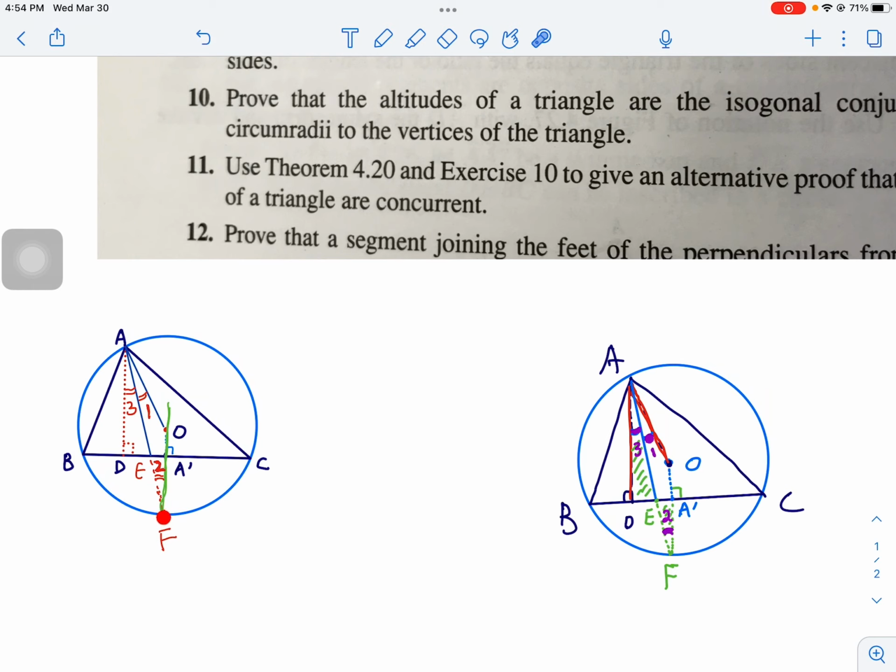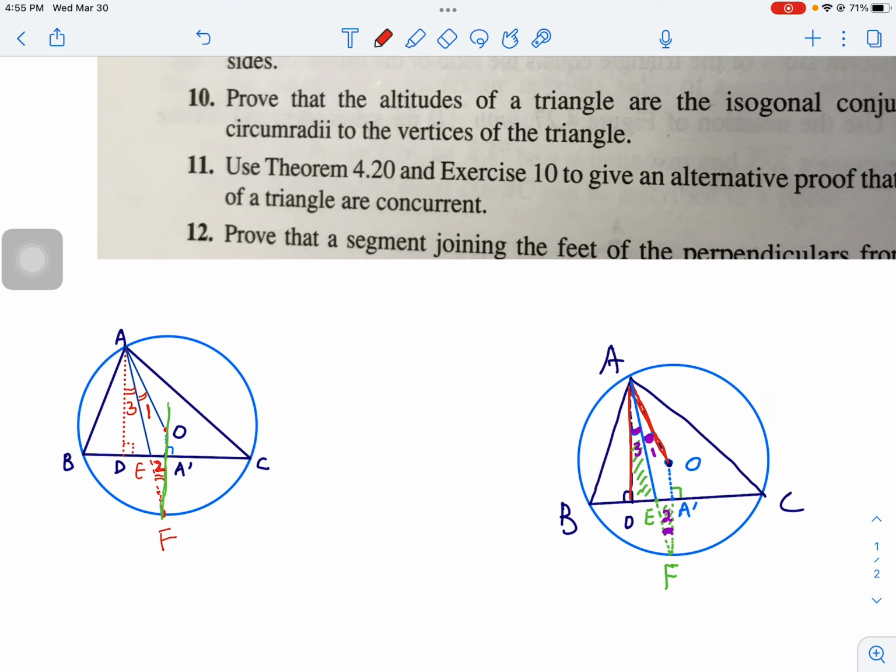How can you tell a point is on the perpendicular bisector? You just need to show that F is equidistant to both endpoints, right? So you want to show F is equidistant to point B and point C. You have to take advantage of the fact that AEF is the angle bisector.